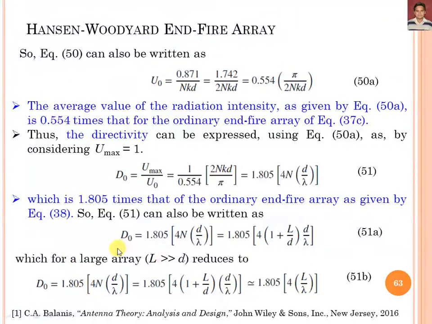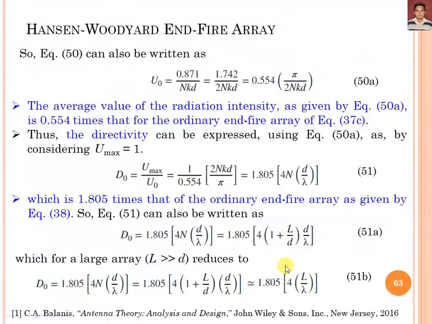For a large value of L greater than d, this equation reduces to D naught equal to 1.8054 nd by lambda, equal to 1.805 times (4 times (1 plus L by d) d by lambda), or nearly 1.805 times the ordinary end-fire array.